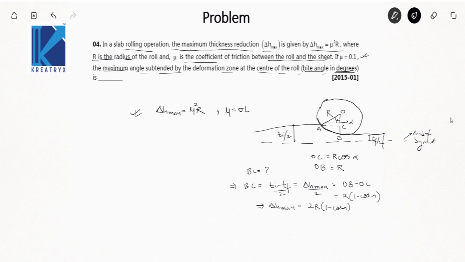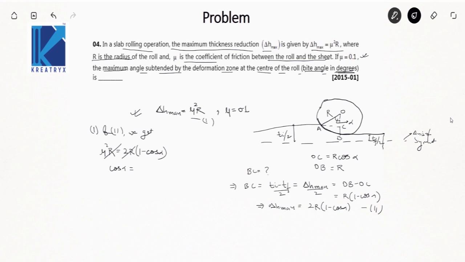Now say this is relation 1 and this is relation 2. Comparing 1 and 2, we get mu square R equals 2R into (1 minus cos alpha). R and R get eliminated.